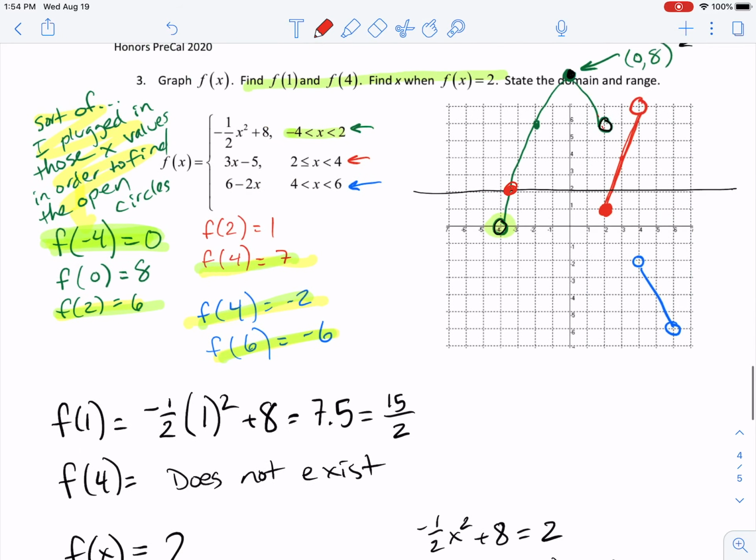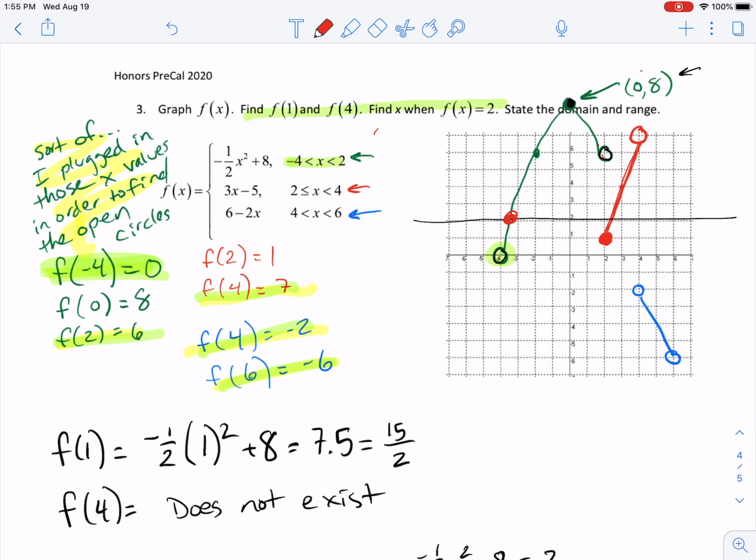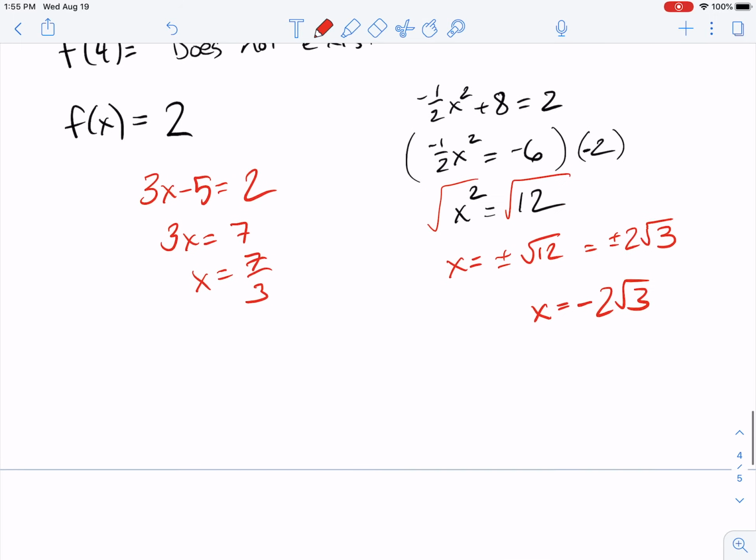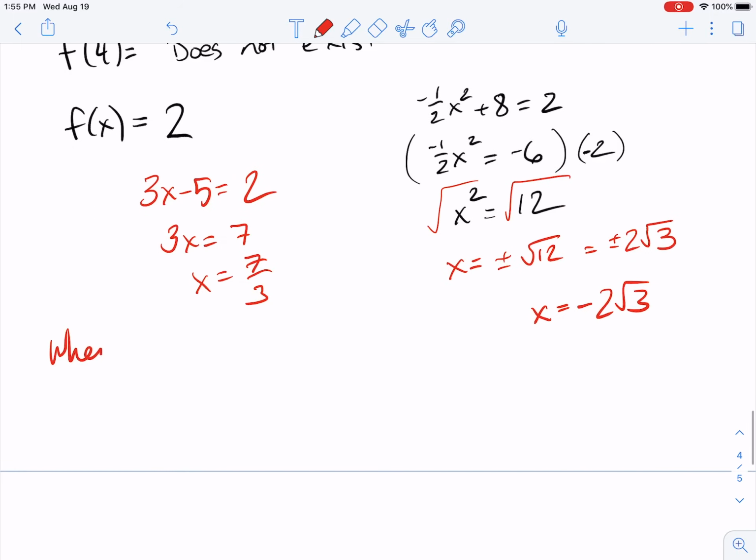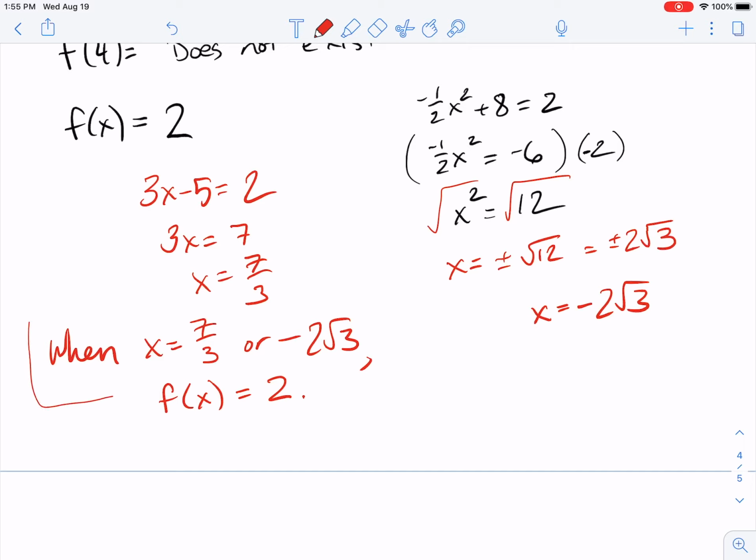So when they say find x when f of x equals 2, we can say when x equals 7/3 or -2 root 3, f of x equals 2. Some way, you need to answer that question in some capacity. So there's that answer.